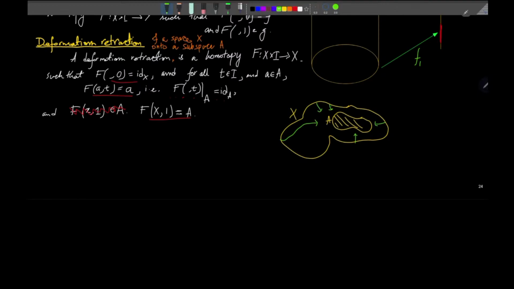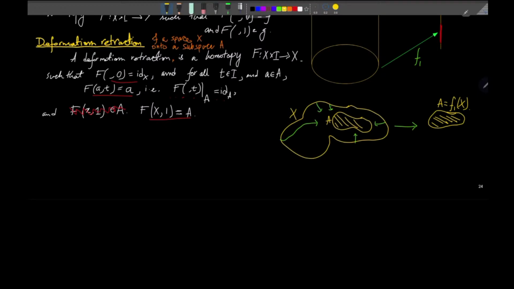So like this, the entire space X gets mapped to this subspace A, which is also the image of the final map. If you prefer this notation, then f1 of the entire space X. So that is what a deformation retraction is.